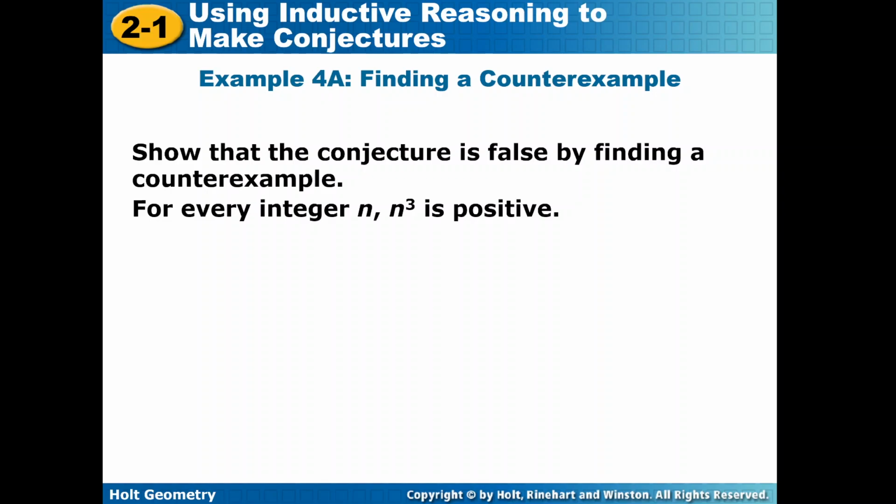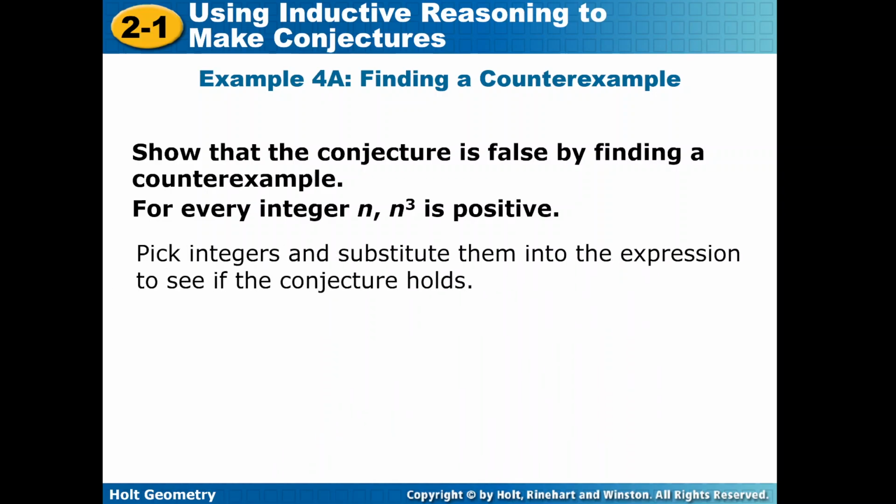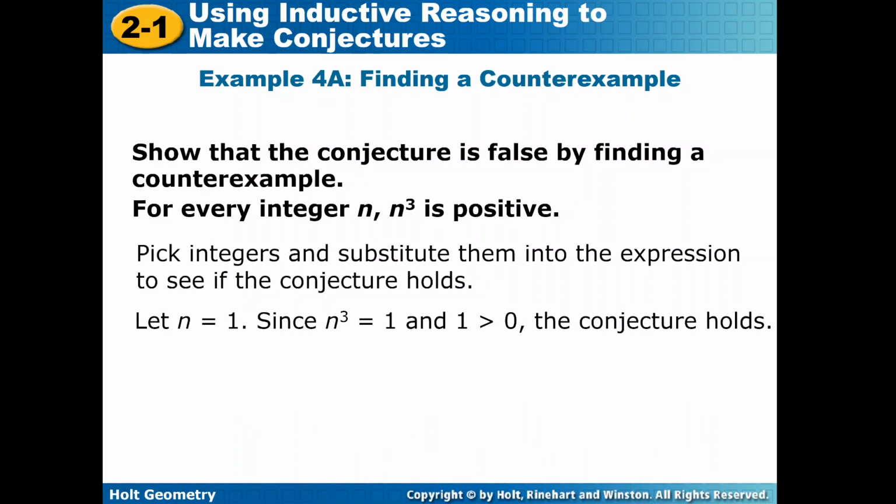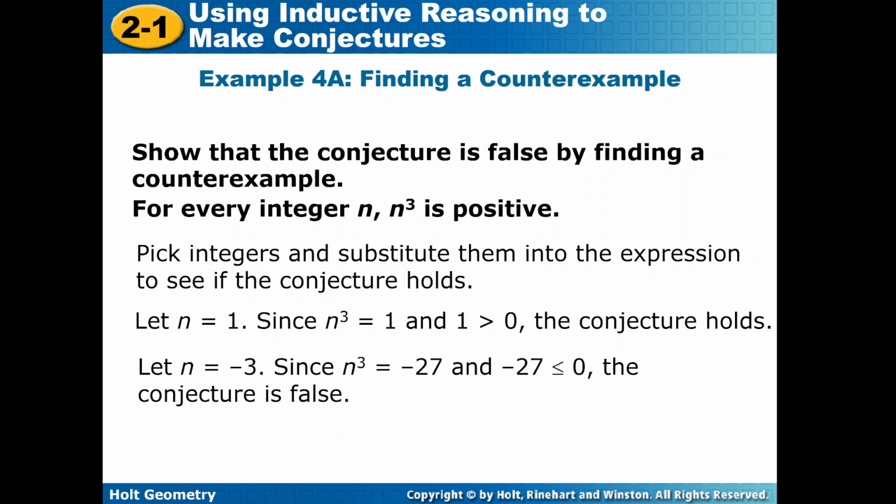Show that the conjecture is false by finding a counterexample. For every integer n, n to the power of 3 is positive. Is that always true? Well, pick any integer. If n equals 1, then n to the power of 3 is 1, and 1 is greater than 0, so the conjecture holds. But if n is negative 3, an integer can be positive or negative, then negative 3 to the power of 3 is negative 27.